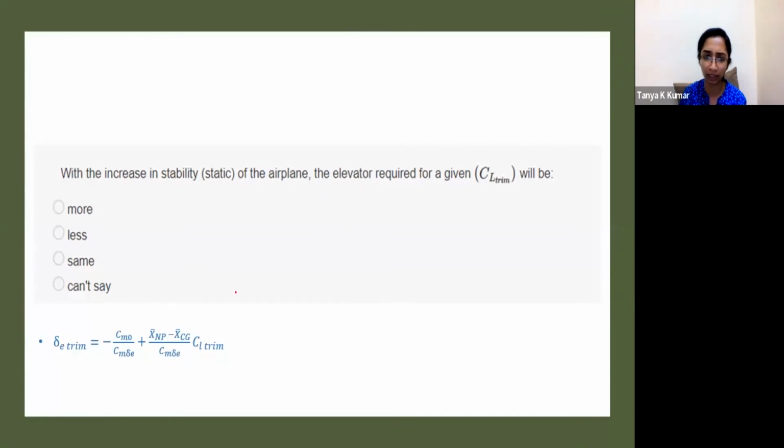This is the equation that we discussed. Now, increase in static stability, what does that mean? Which of these terms will change when we say increase in static stability? Will CM naught, CM delta E change with an increase in static stability? Will this term change with increase in static stability?